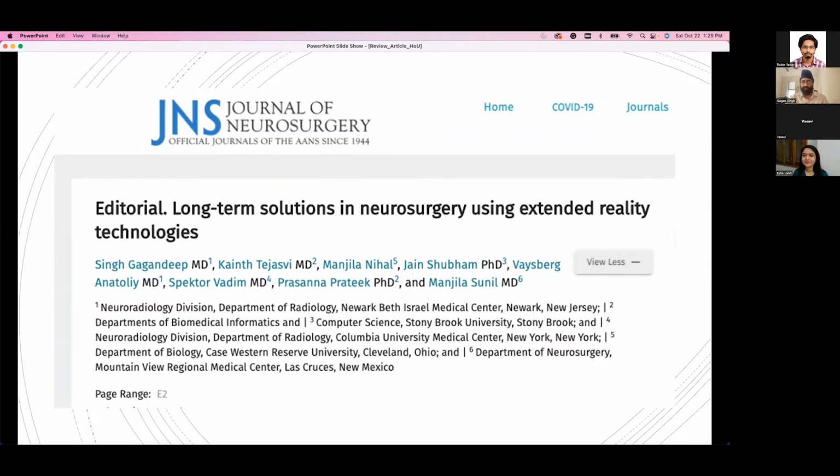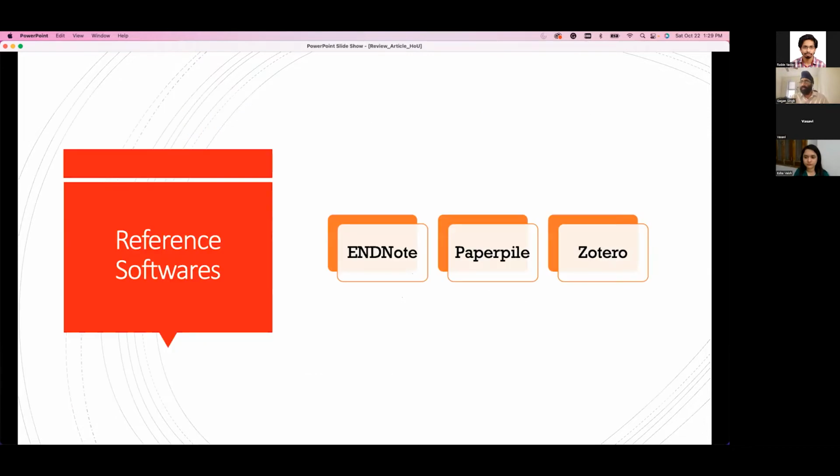The point is, if you've done a good job, and even if your paper gets rejected for some reason, there are ways you can reformulate it and give a different angle and still get it published so other people can benefit from that. So coming to the last slide, the references, like I said, bibliography is very important.